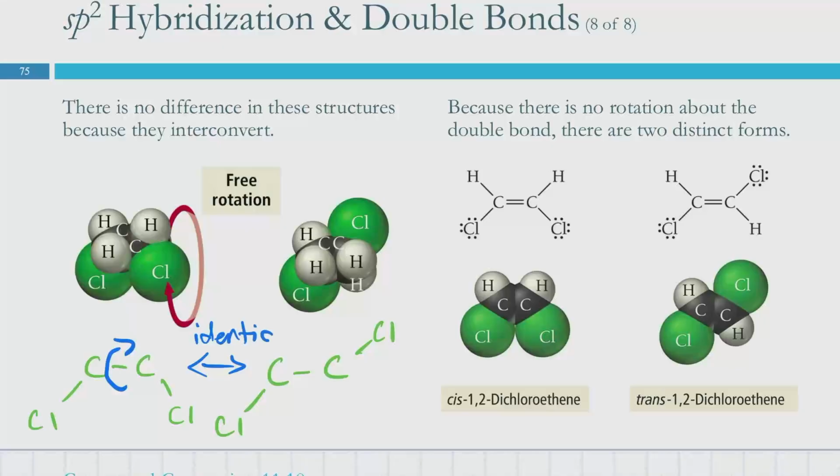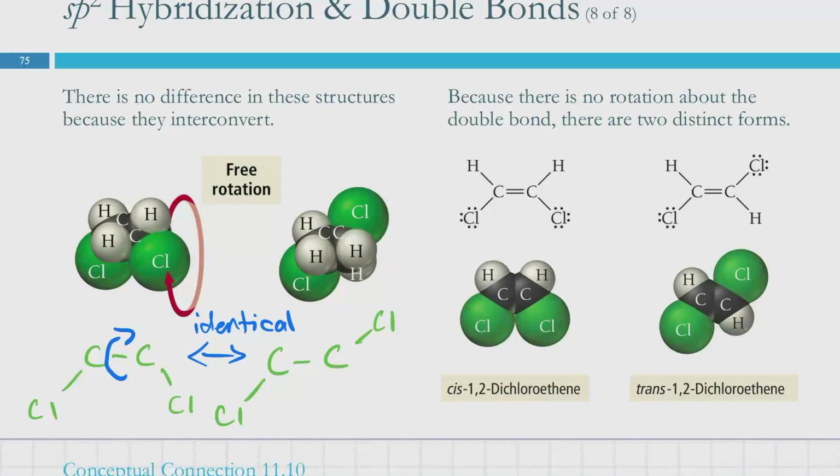When we've got double bonds, we actually have different forms depending on whether both chlorines are down or one chlorine is up. So these two are separate, different, distinct chemicals. And you can separate them out.